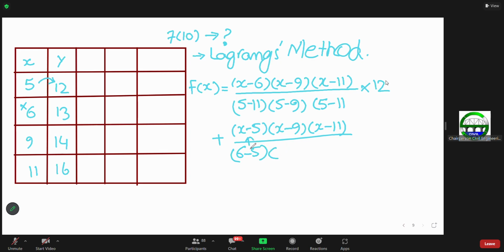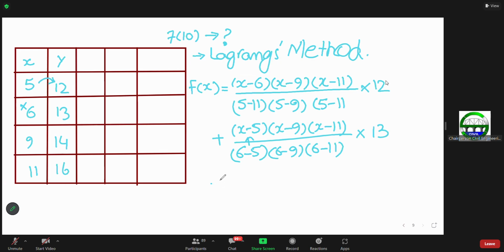Only x will be shifted to 6. Okay, 6 minus 9, 6 minus 11, right? And multiply it with, can anyone guess? Multiply it with what? Any one of you? Yes, multiplied by 13.